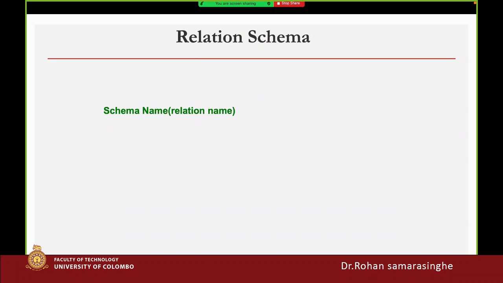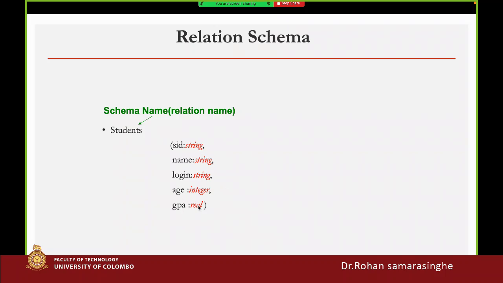Relation schema name, relation name, and Student is the name, and also here you have to give the data type of each one. SID is of type string, name also string, login also string, age integer, and you can set the value.